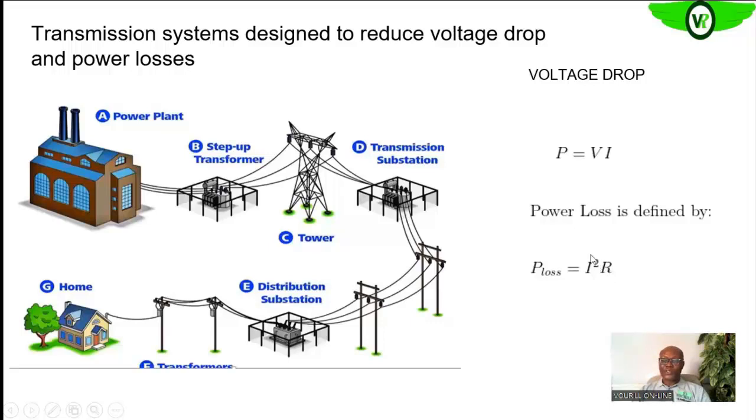So if we reduce I by increasing V, that means we also reduce the power losses.